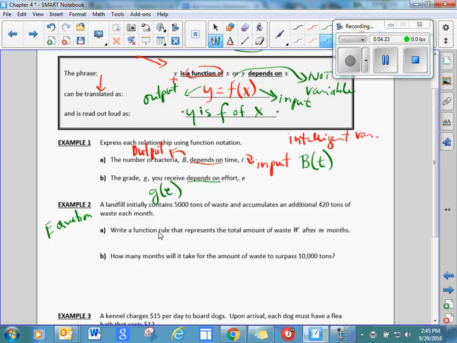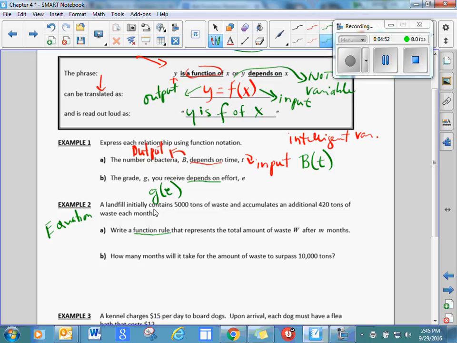It says write an equation that represents the total amount of waste, W, after M amount of months. We can't choose the variables. They've given us the variables. They are intelligent because W is the letter that waste begins with, and M is the letter that the word months begins with. So we need to figure out what's the independent variable and what's the dependent variable.